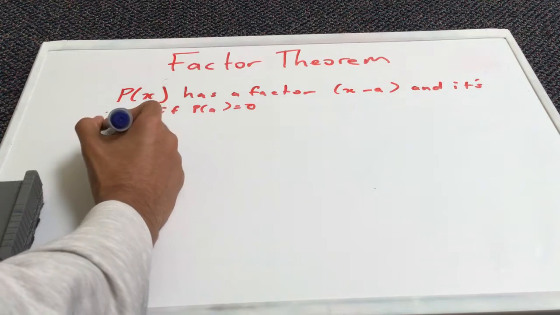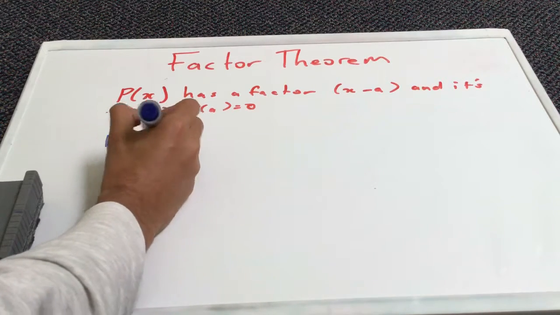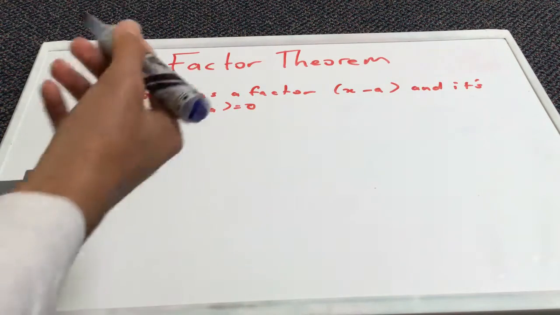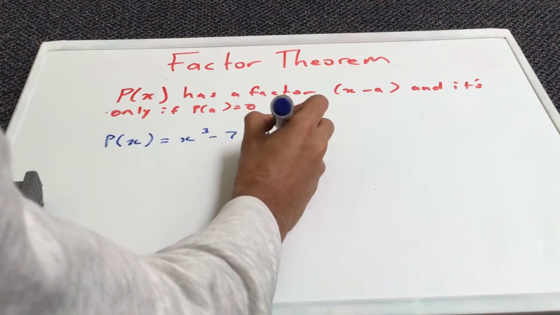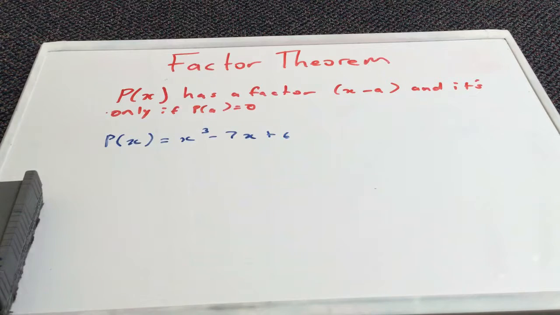So say we are given p of x is equal to x to the power of 3 minus 7x plus 6. Basically you need to take the constant straight away, which in this case is 6.